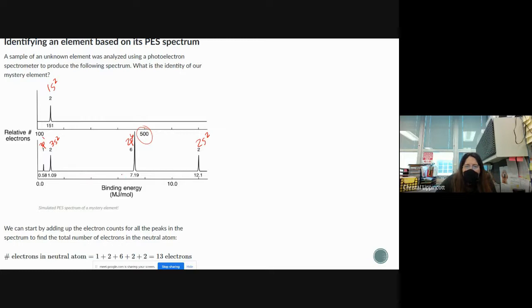So also notice that there are some gaps in our values, like here it's 151 and then we jump down to 12.1. Why is it so much harder to pull these electrons away than these electrons? It's the same amount of them. Right. These are closest to the nucleus, so that force is going to be greater here, holding them in place than these.